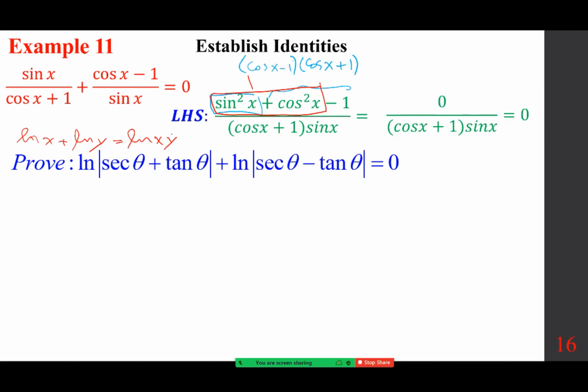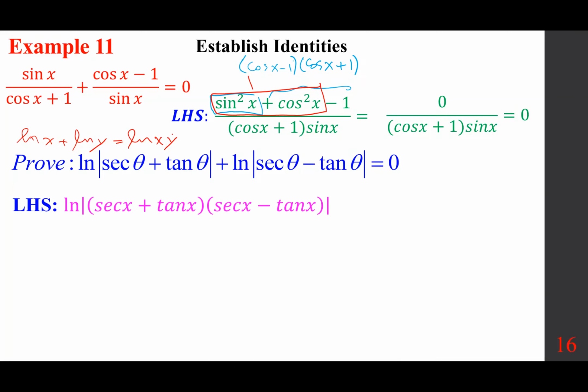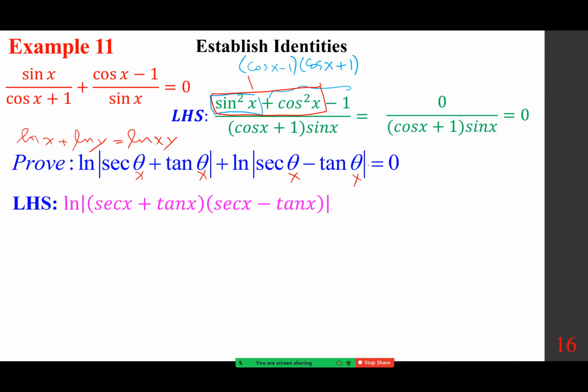This is one of the properties of logs. Hopefully everybody remembers. So I can put them into a single log, ln of secant theta plus tan theta times secant theta minus tan theta. And I used x here, so class, you can imagine it's x. It makes no difference. It's a dummy variable.